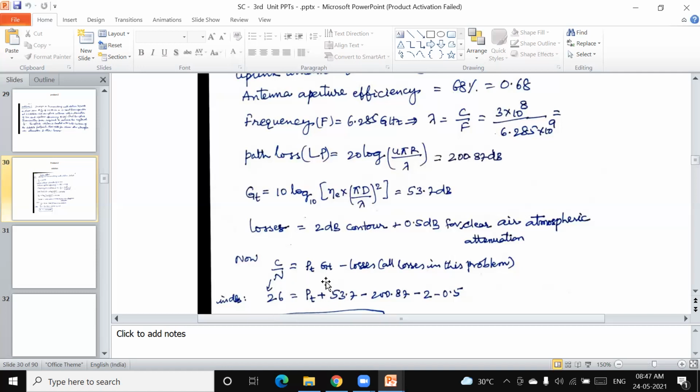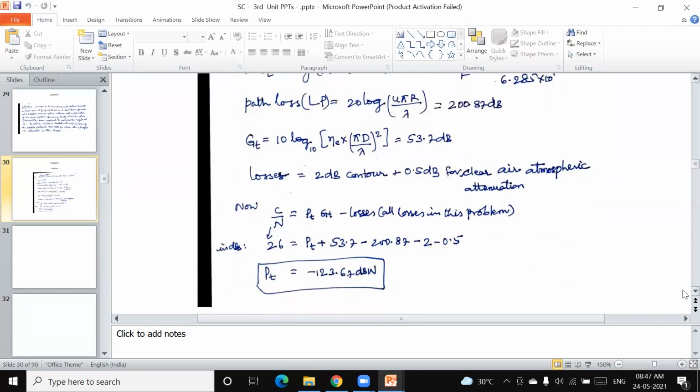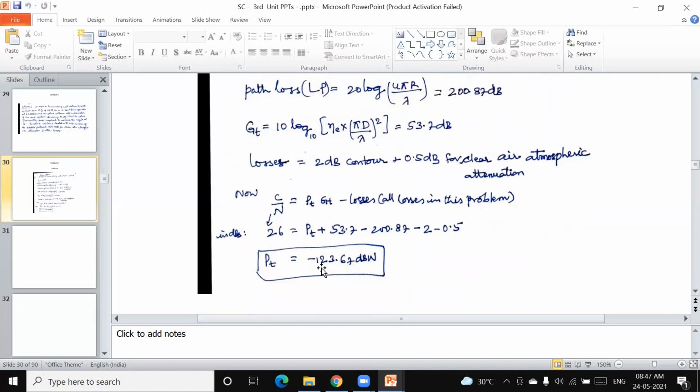So 26 equals PT plus GT, minus the losses, 200 minus 87 minus 2 minus 0.5 dB, and finally you are going to get minus 123.67 dBW.